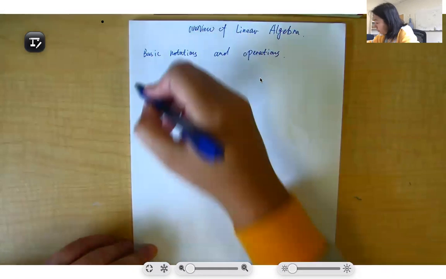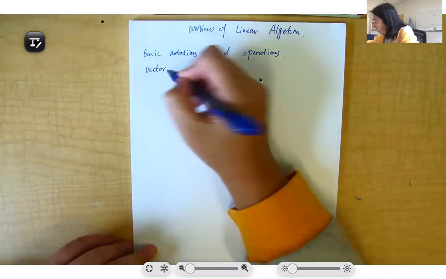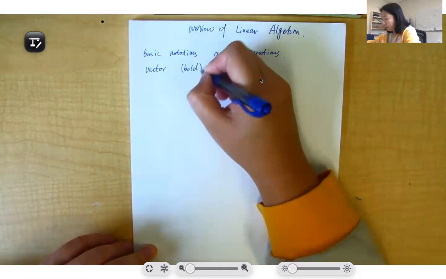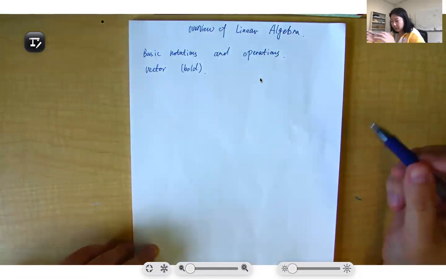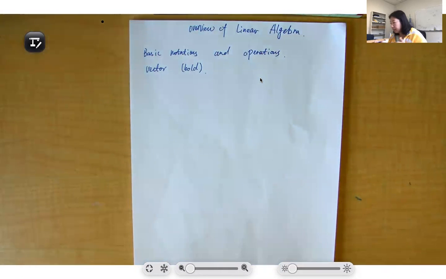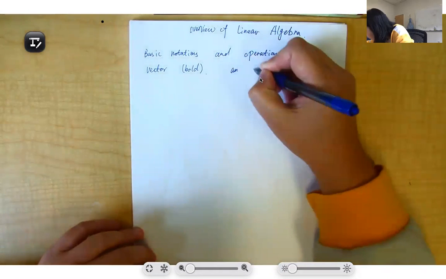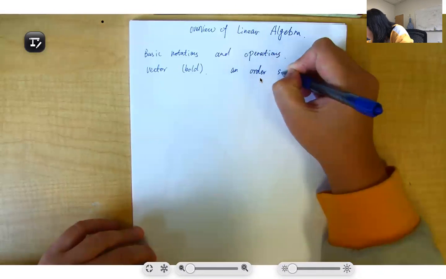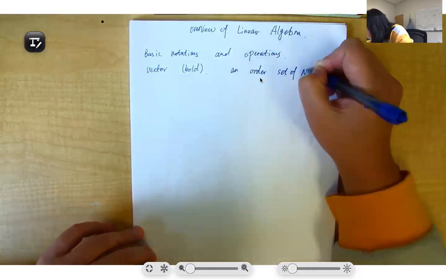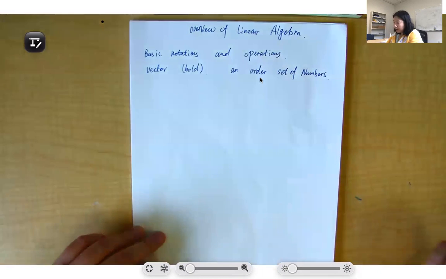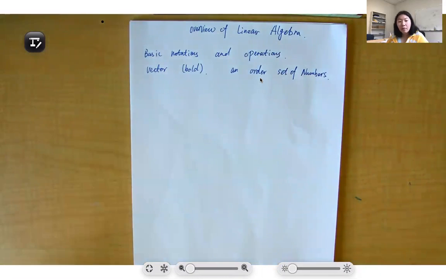For a vector, usually you will bold the vector so that you can distinguish whether it is a value or a vector. It's an ordered set of numbers. It can be a 1D vector or a 2D vector.